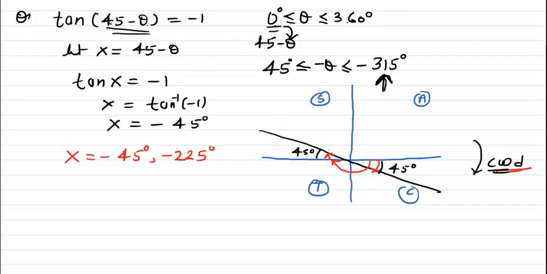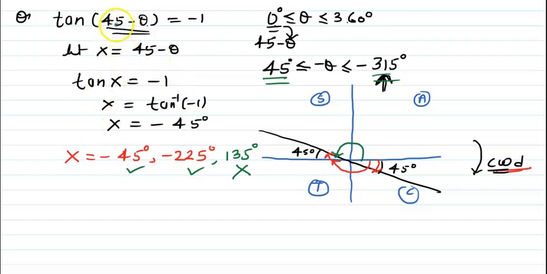If you move in the positive direction, this green angle will be 180 minus 45, 135 degrees. But we need angles between 45 and minus 315, so this angle is not included. This is included and this is included. x is minus 45 and minus 225.